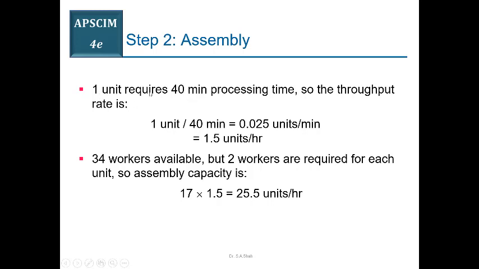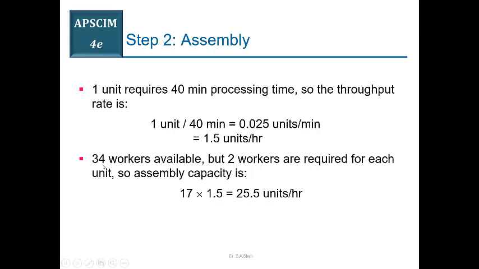So this means that the cycle time is 40 minutes per unit, so the throughput rate will be the inverse of that. So you will be having 1 unit divided by 40 minutes. So in total आपके पास आ रहे हैं 0.025 units per minute. आवर्स में आप कन्वर्ट कर दें, so it comes out to be 1.5 units per hour for a single station.